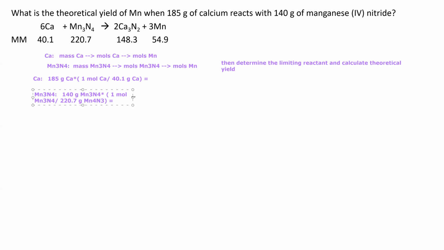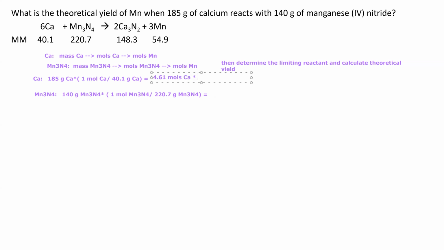This is the first step, determining the moles of our reactant. So we get, for calcium, 4.61 moles of calcium.